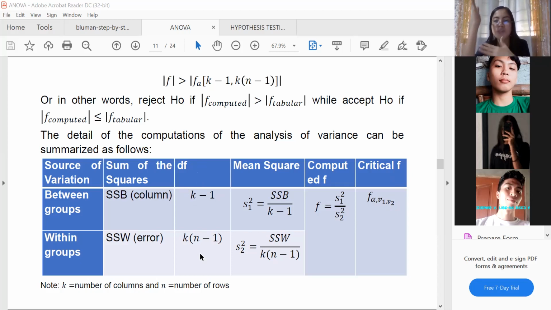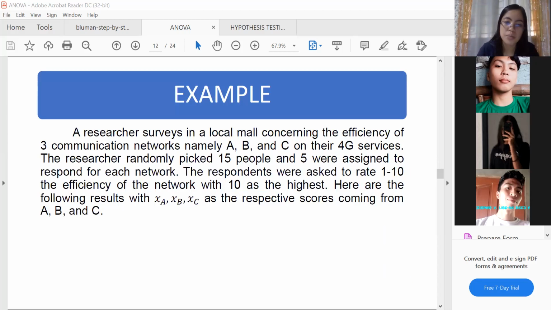You cross-tabulate the values there, and that is your tabular F value. So for example, I'll show you some example.